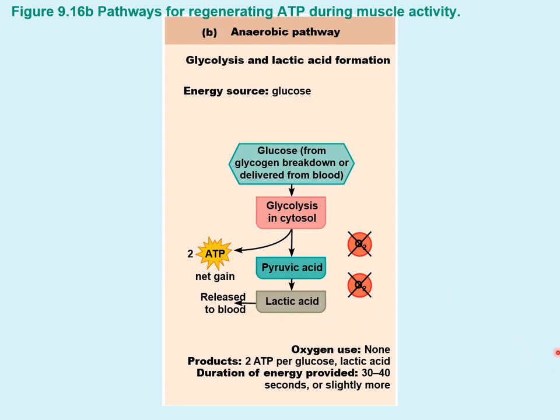Well, the problem with this is it sustains you for a little bit, but not very long. The other problem is the product that you're producing is lactic acid. It is an acid, which means it's going to drop the pH. Your body very closely monitors your pH. Your pH in your blood needs to be between 7.35 and 7.45.